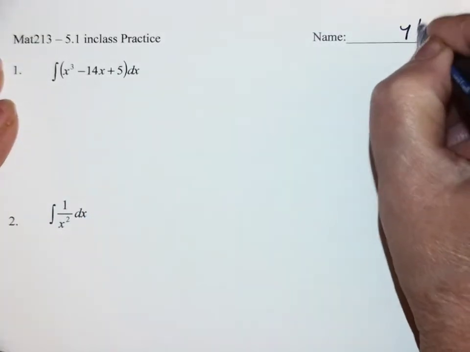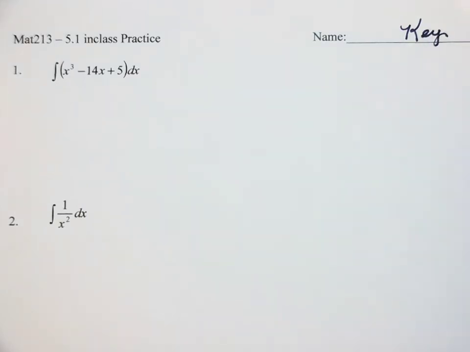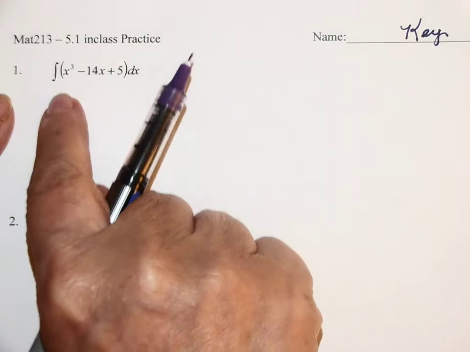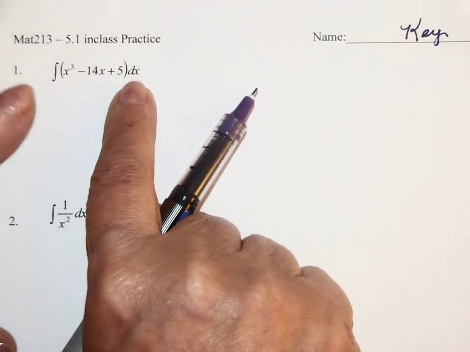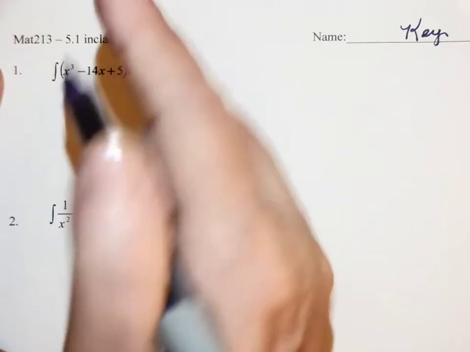Okay, it's the key for the in-class practice for 5.1. Straight anti-power rule. We have x cubed minus 14x plus 5.